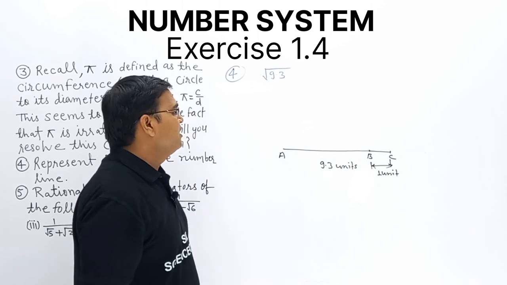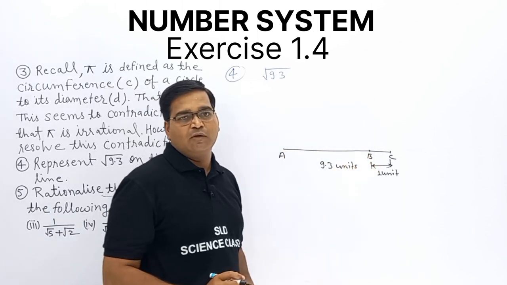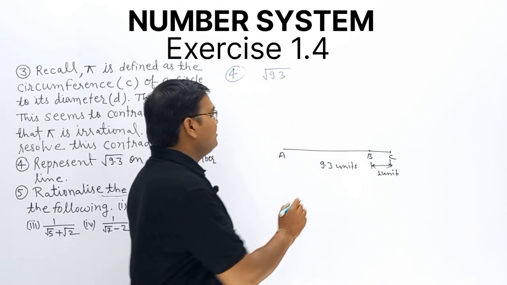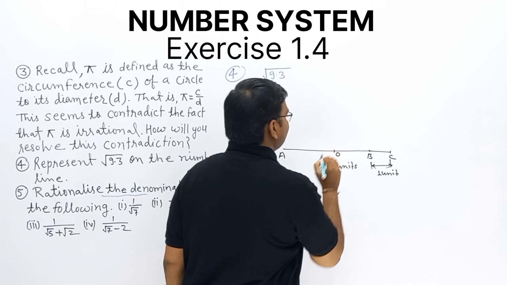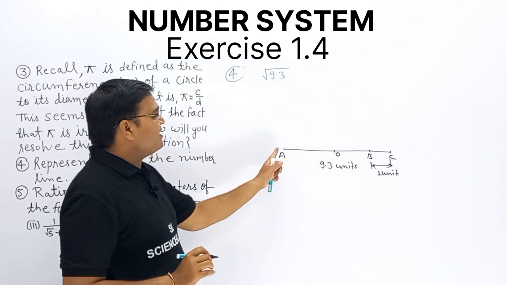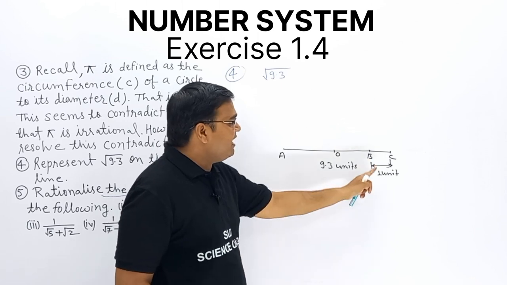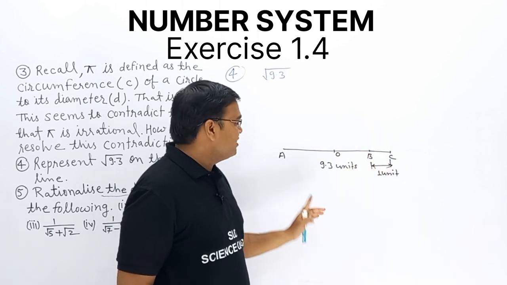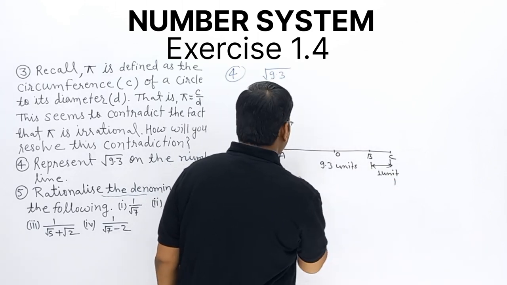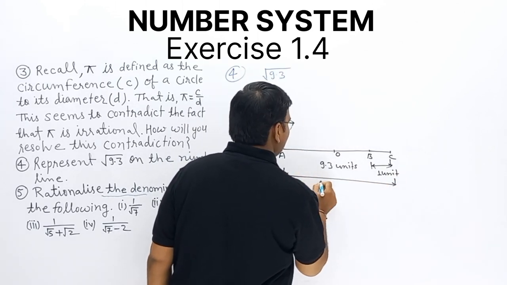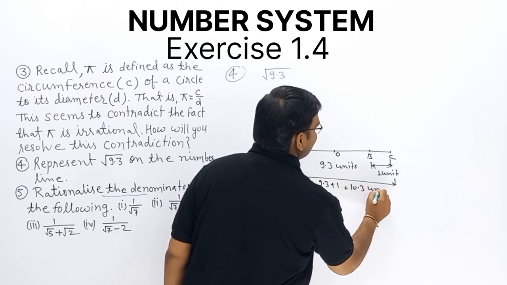Now we will take half of A to C, and that half point will be O. The complete length is 9.3 plus 1, which means 10.3 units.